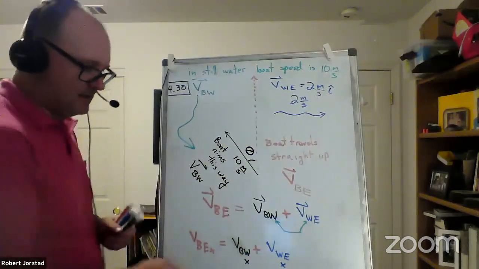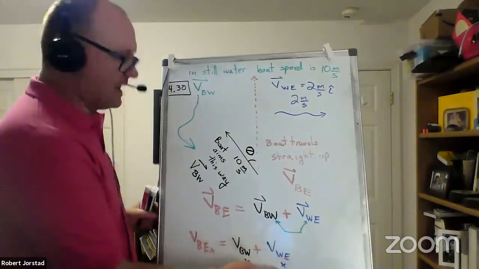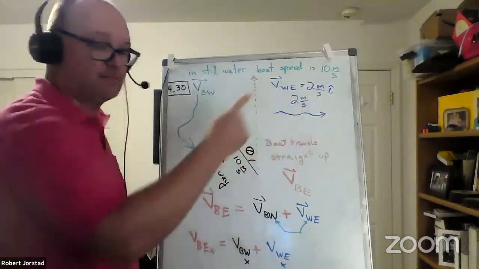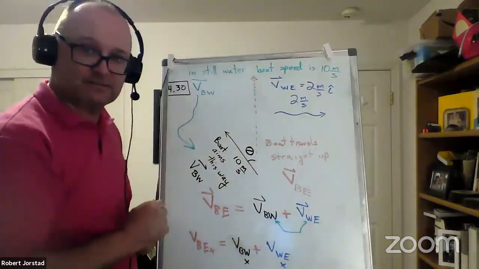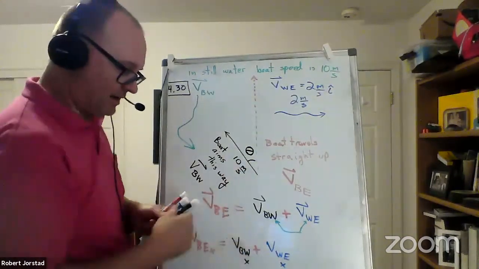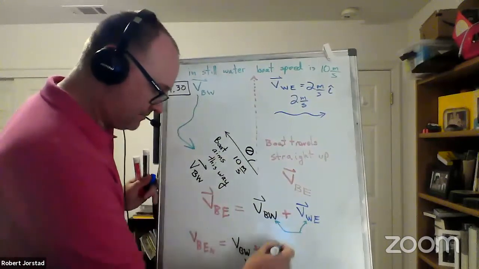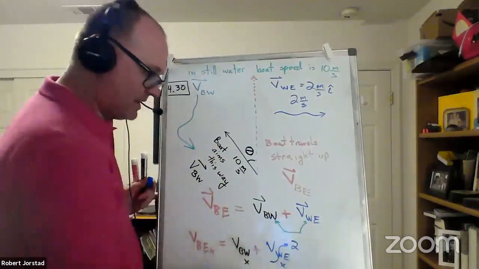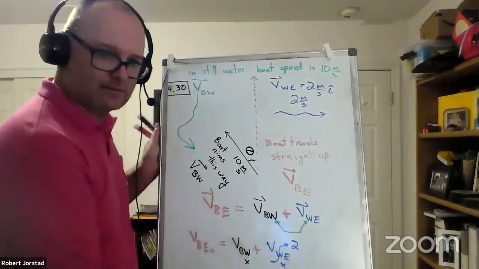In this case, the water-earth X is this number 2, and it's positive, right? Because it's all in the i hat. So this number down here should be 2. I'm leaving off the units just because I'm running out of room.